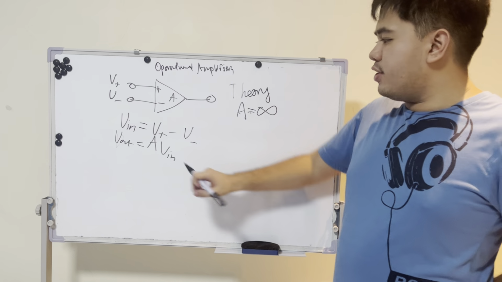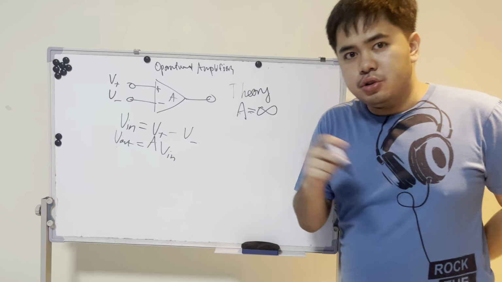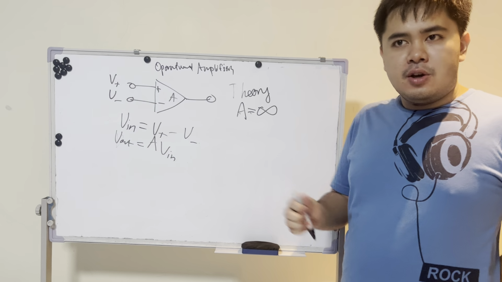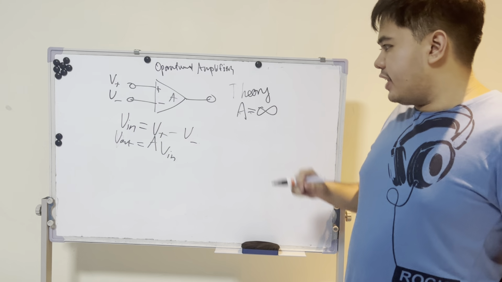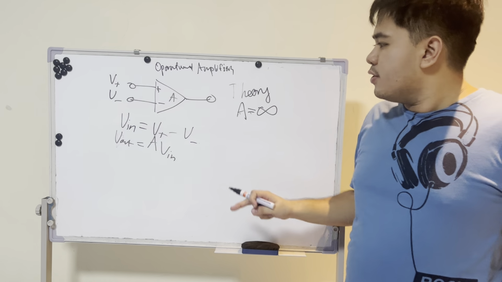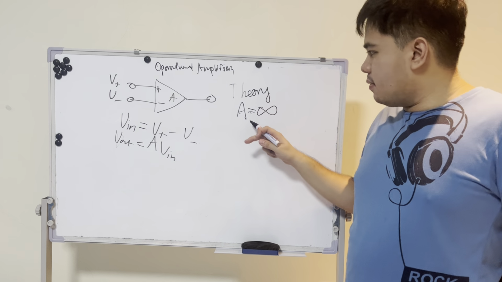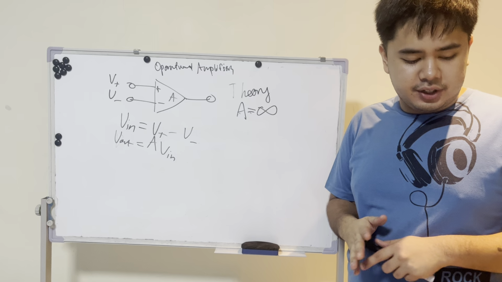This means that whatever the input is, we multiply that by infinity. So 2 volts being the input means that the output is positive infinity volts. Negative 1 volt of input means that the output voltage is negative infinity.